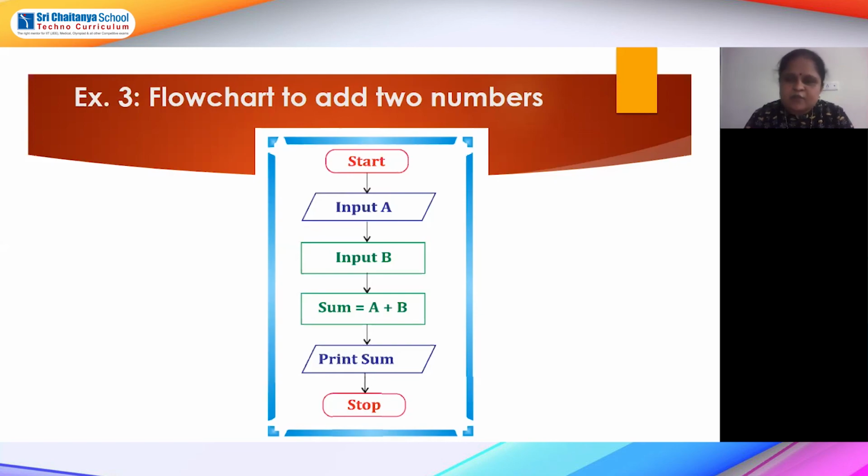Then I have to stop by using the terminal symbol. Is it clear, students? I hope it is very clear. Here, the change you have to make is that input B, which I am reading, should also be written using the input output symbol, not the process symbol. I hope everybody will correct it.